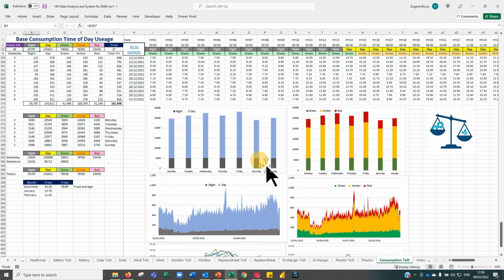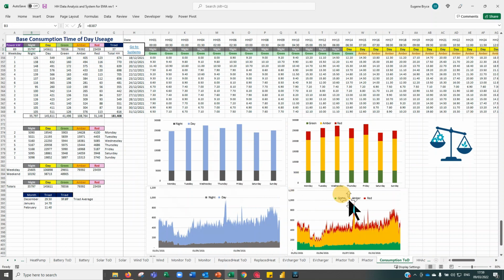And then we have some nice simple graphs of all of that. These are the cumulative values. So we have our night and day for Monday, just about 20,000 for day and 5,000 for night.